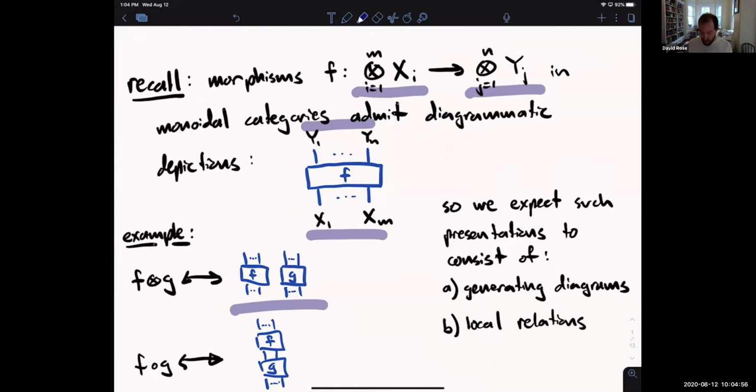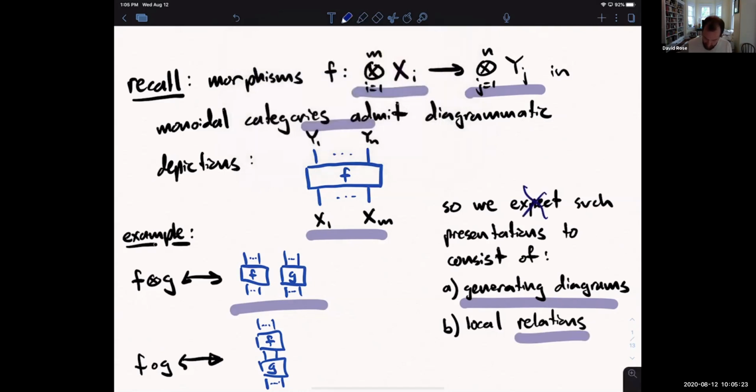So given that, what do we expect? Well, if I want to present such a category, I'm looking for some set of generating diagrams. So much like if you're presenting, say, a group or an algebra, you would ask for some generating elements of that group or algebra. And then I'd expect some relations between these diagrams. And maybe expect here is a strong word.